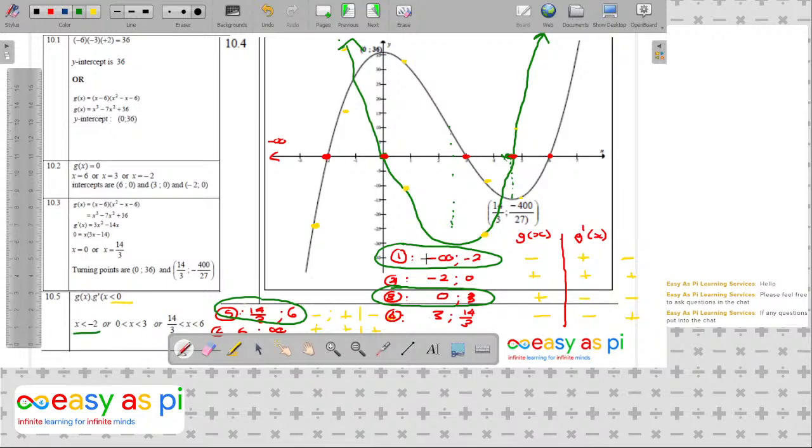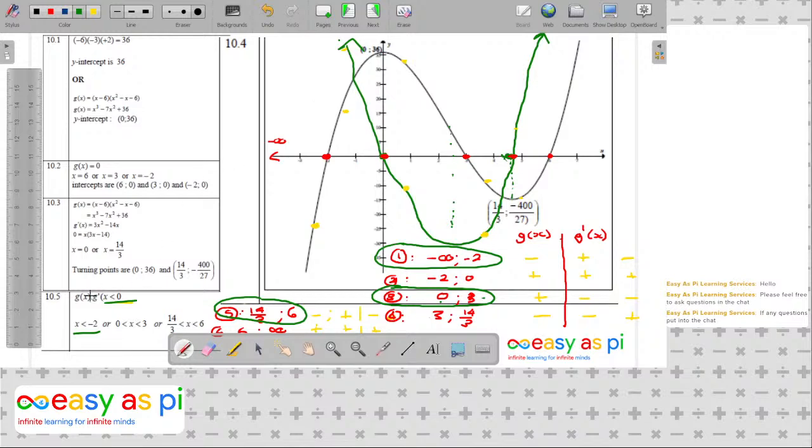Here's the answer. This I can write as x is less than 2. I know it's between 0 and 3. Now why do I exclude? Because they want less than and not less than or equal to. And then I know it's between 14 over 3 and x is equal to 6. Okay, so that's a very common question. And this is how we would determine this question here.